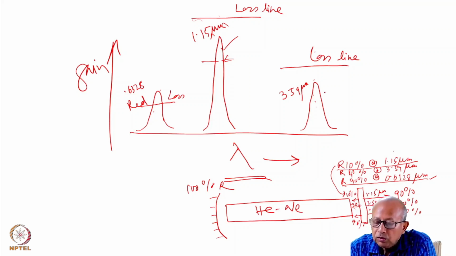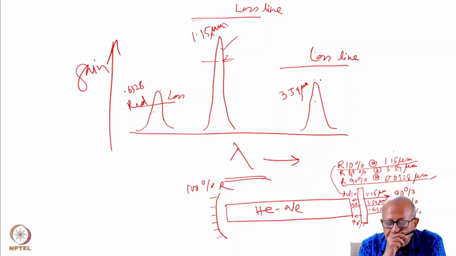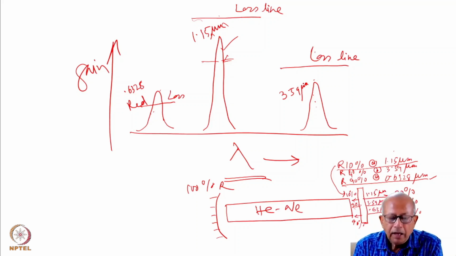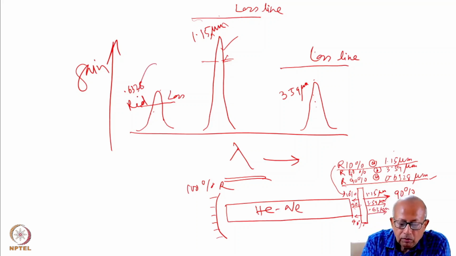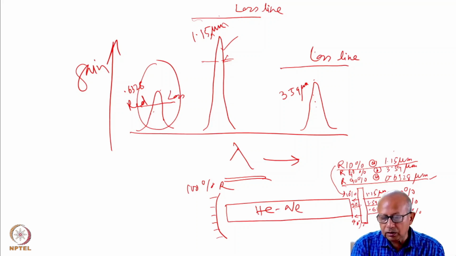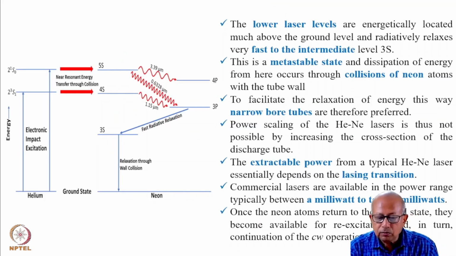The same is true for this line as well. Only the transition which has the minimum gain will be able to lase. That is because the cavity has been designed in such a way that it selectively introduces more loss in the lines with higher gain and less loss for the transition of low gain, thereby making oscillation or amplification of light possible at the wavelength for which it has the smallest gain.